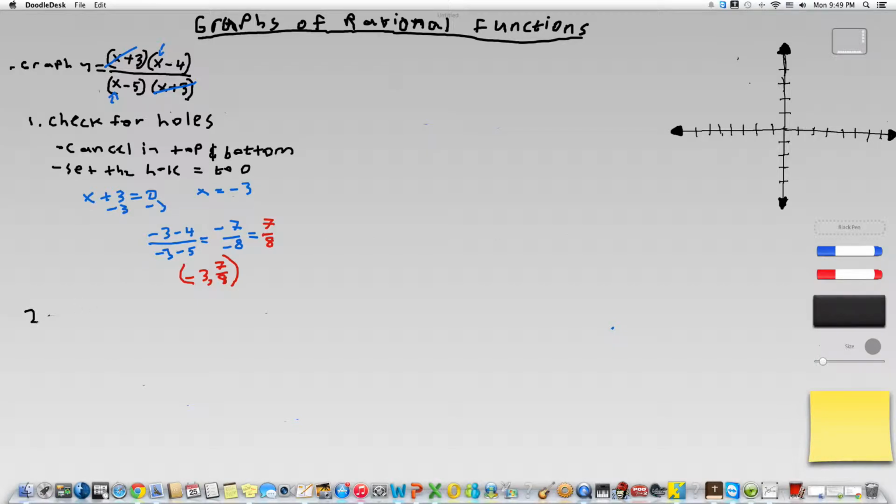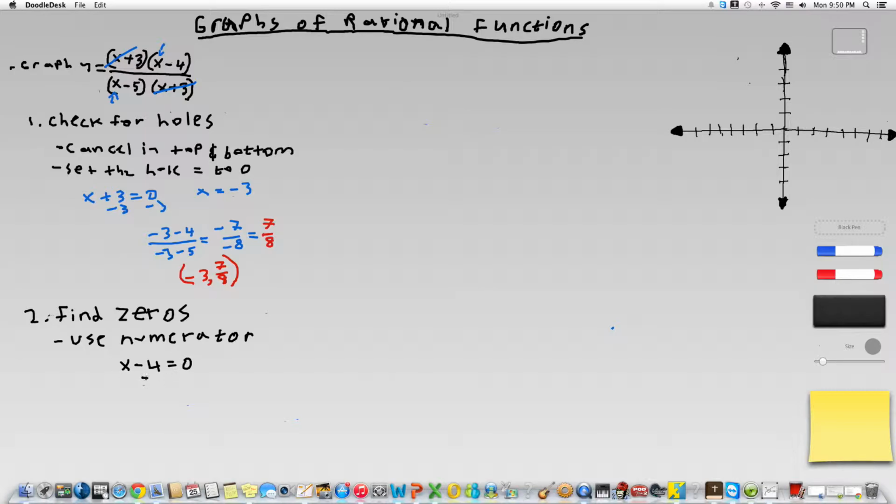So this will be our coordinate for the hole. And our next step is to find zeros. To do this, we're going to use the numerator. So our numerator is x minus 4, and we're going to set that equal to 0.